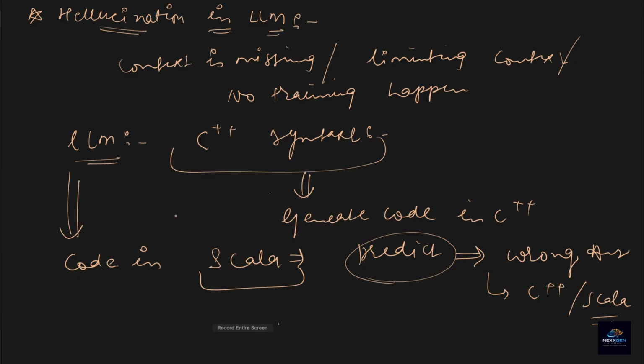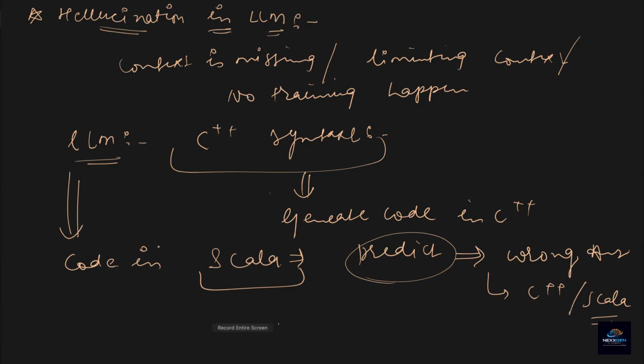The example is not important. The important thing is to understand why LLMs hallucinate. An LLM hallucinates when the context is missing, or limited context is there for model training, or no training happened on the query which we are retrieving the information on. So you cannot expect an LLM to be 100% true if it was not part of the training.